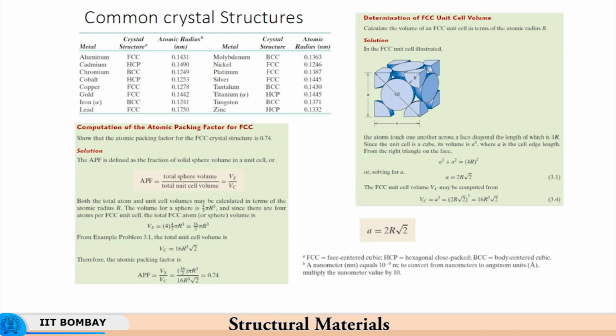So, the spherical volume will be given by the volume of one sphere times the number of atoms per unit cell.